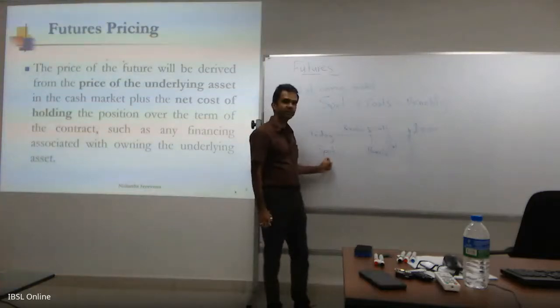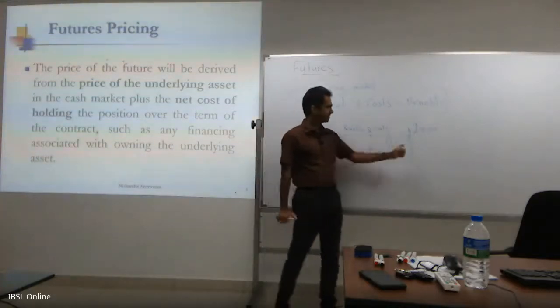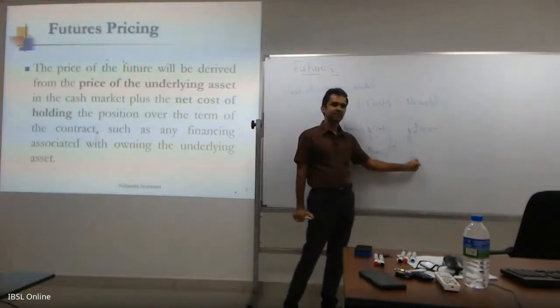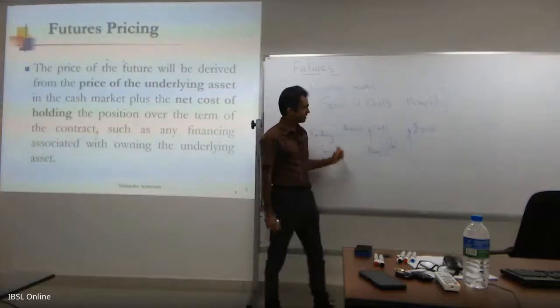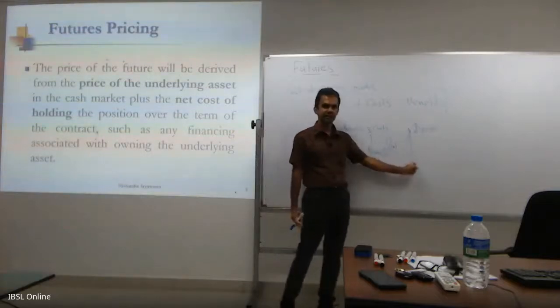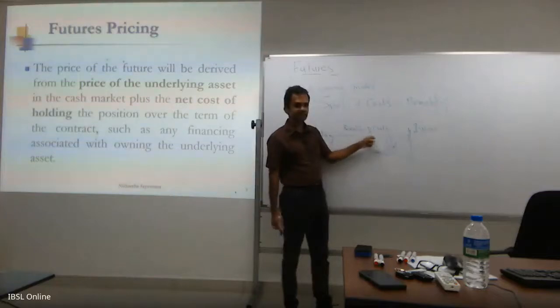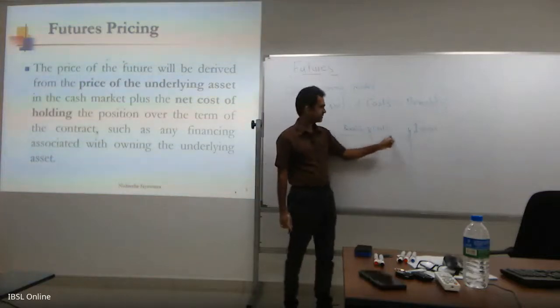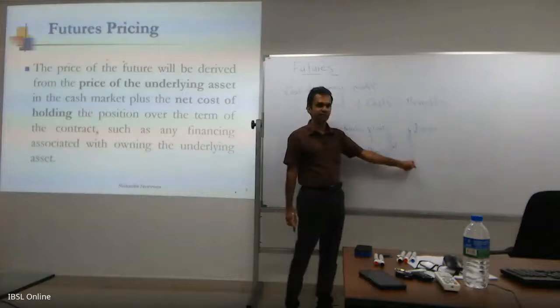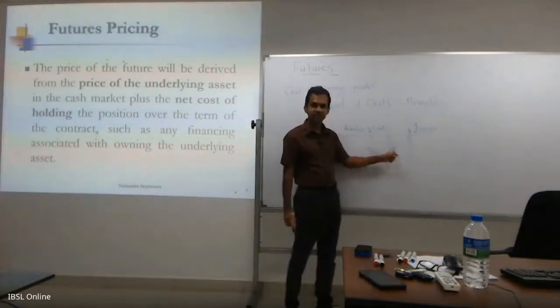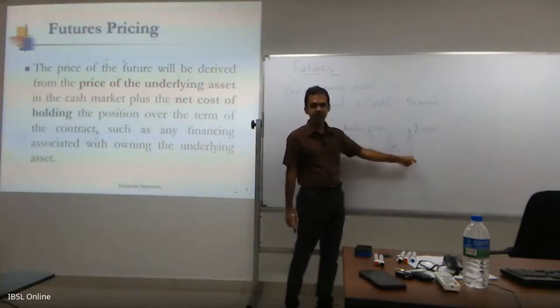Whatever the spot price is, it is not the same as the future price. This 1 million is not the same as 1 million later. Whatever the benefit that you receive after 6 months, there's a future value for that. Whatever the cost, there's a future value for that.